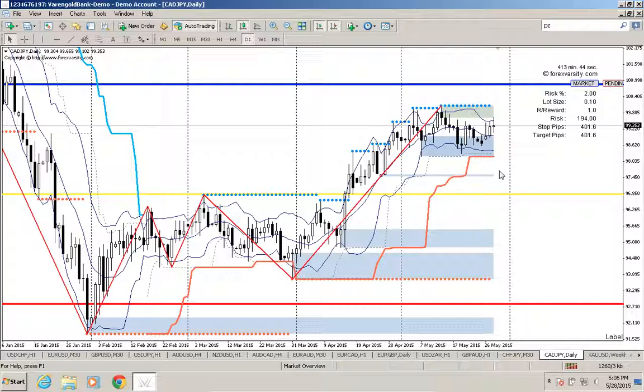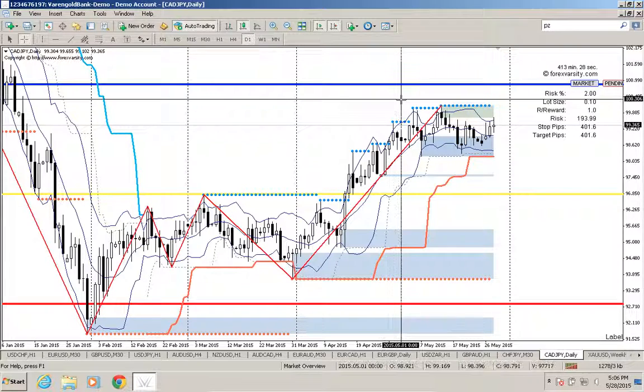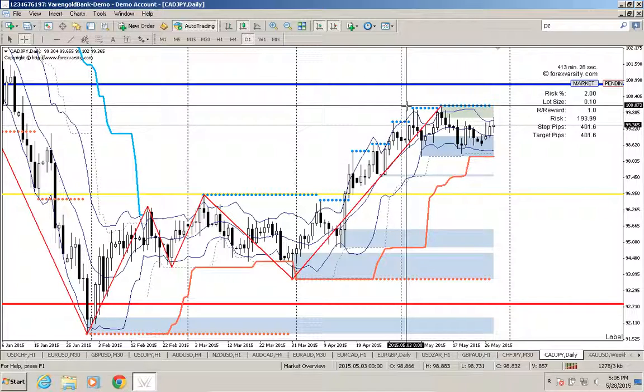So we know on a daily chart, the CAD JPY needs to do one of those things. We don't know if it's going to make a high or a low yet, but if we follow the trend, we can see that it most probably will be a high. And we have a resistance right above at almost exactly 100.07.